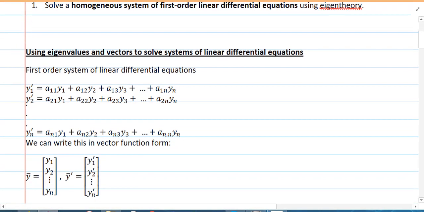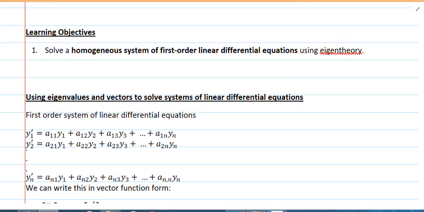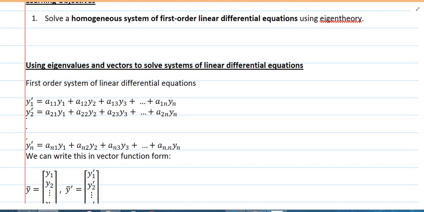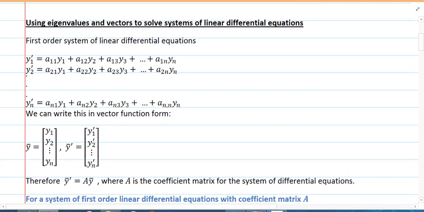So remember that a first-order system of linear differential equations would look something like this: y1 prime, y2 prime, through y sub n prime, each equal to scalars times y sub 1, y sub 2, through y sub n. We can write this in vector form. So y bar would just be y1 through y sub n.